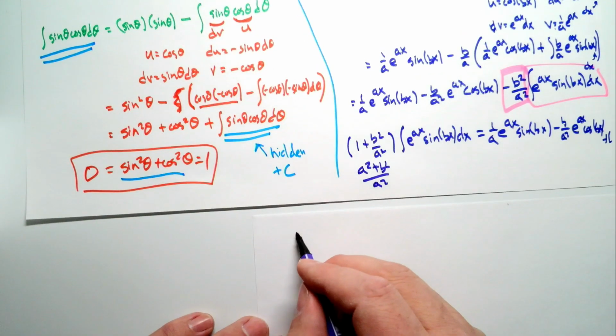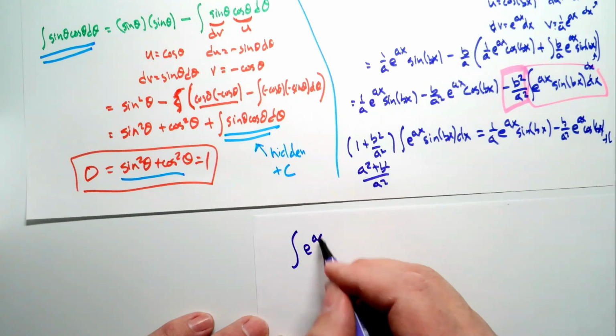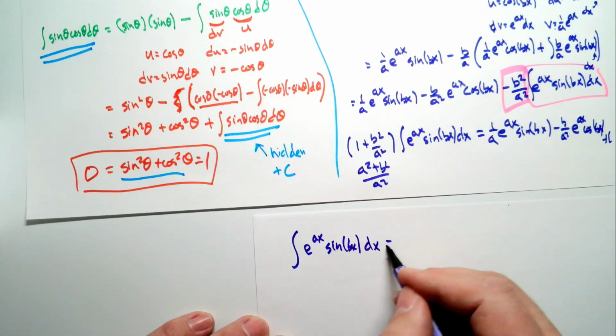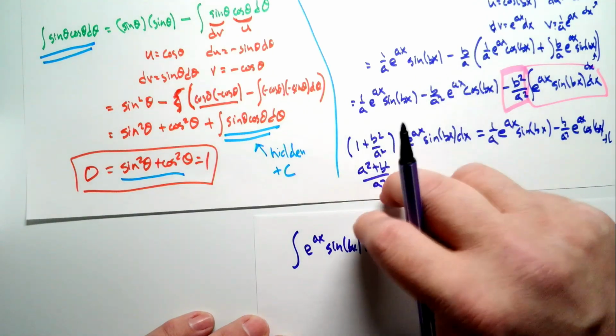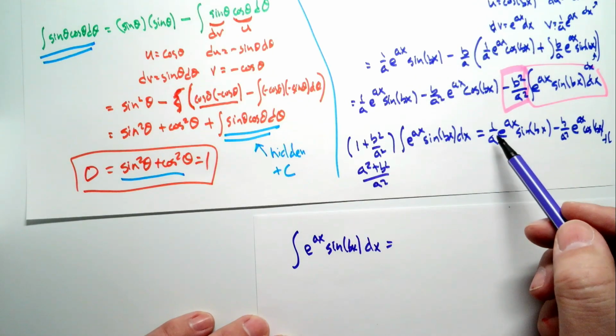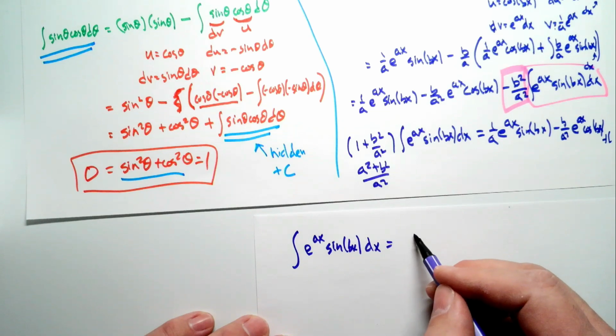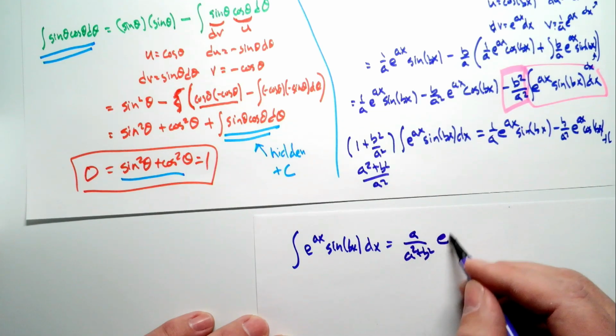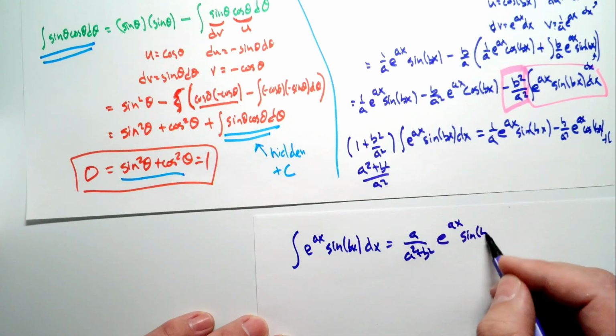We get that the integral of e to the ax sine of bx dx is equal to, flip, reciprocal. So 1 over a times that, you'll get an a over a squared plus b squared e to the ax sine of bx.